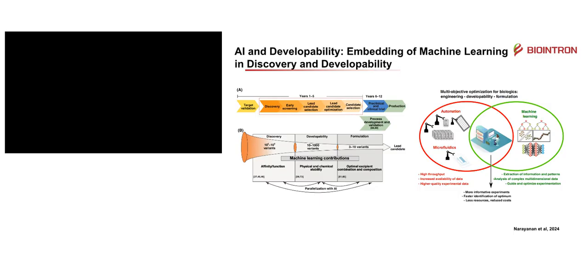When we have good data, when we have good automation, and the data quality is high, we can have the data inputted to build some correlation between the sequence and also their fundamental characteristics. So that's one way to combine the AI and developability.